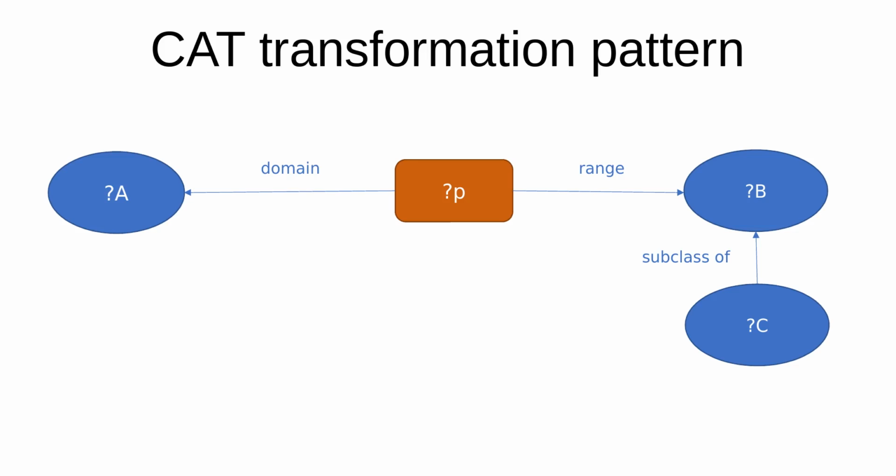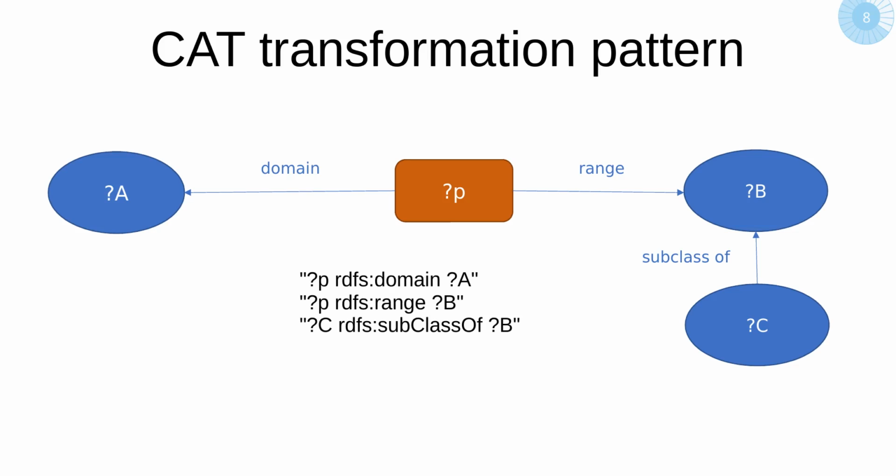This corresponds to the source ontology pattern, as we saw before, and so we can see the object property P, which has a domain and range, and there is also in the range B, which has some subclass C. We can also specify within the transformation pattern conditions, in this case using a filter, that A and B should not be the same, because otherwise it would not make sense to generate the hierarchy.